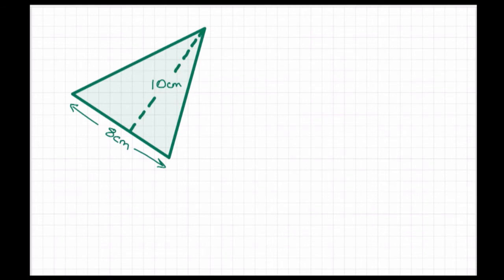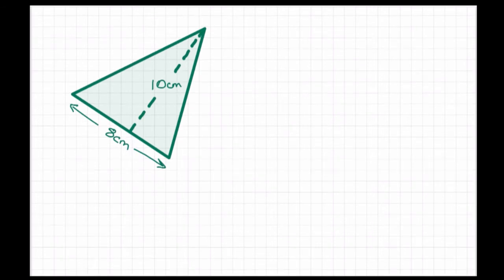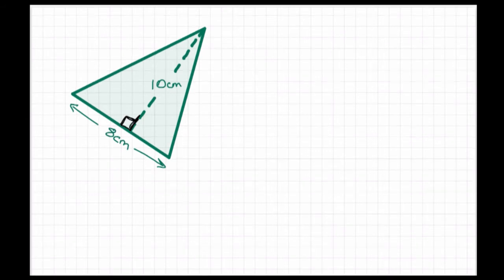And the key thing is that the height must be perpendicular to the base. That means it should make right angles, so I can put a little square there to represent 90 degrees, so that we can see that the height is perpendicular to the base.